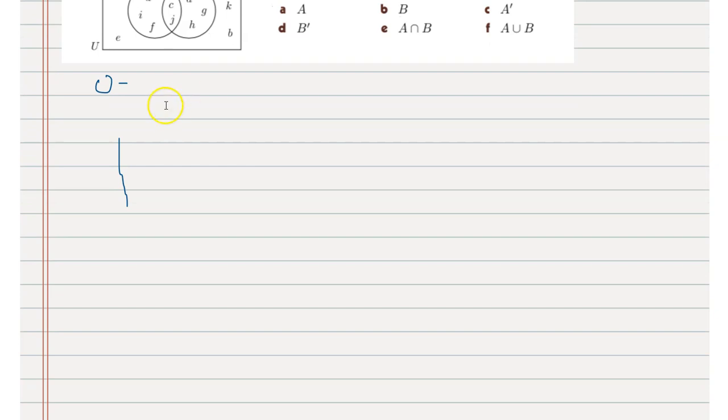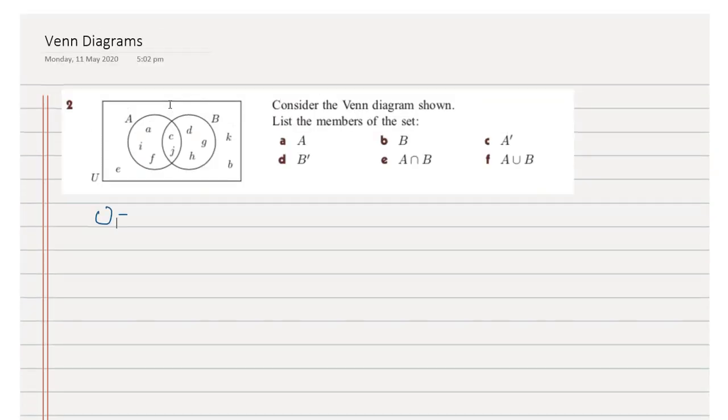Alright, going back. We can say set U is equal to A, so this guy here. There's a B, a C, D, there's an E, F, G, H, I, J, and the K, and that seems to be all of them.